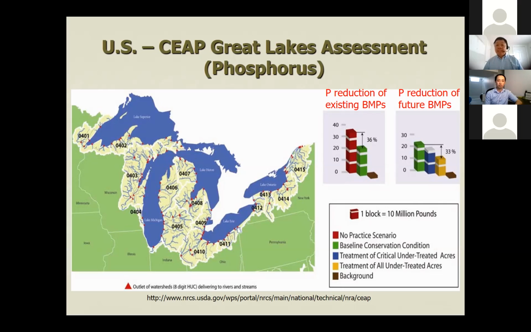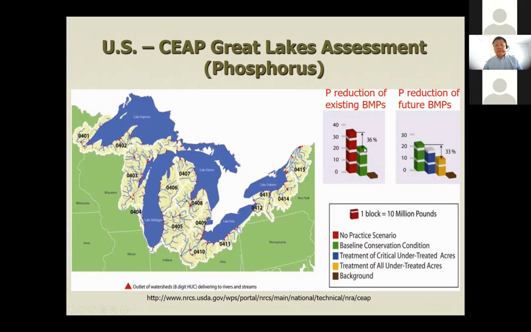This slide I got from a USDA website, and that's how they report to Congress. For the Great Lakes region, they run the SWAT model, which I'm going to show a bit later, and which Monterey also uses. It is probably 20 or 30 models put together.